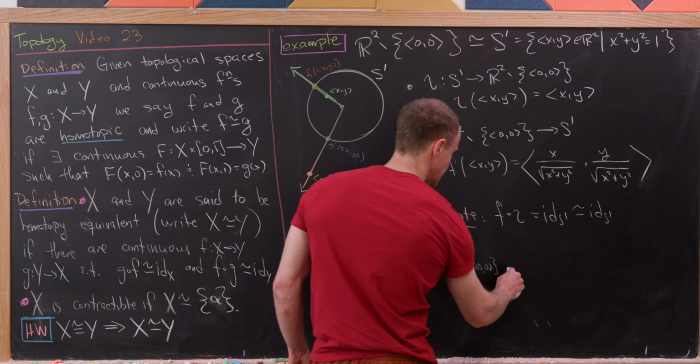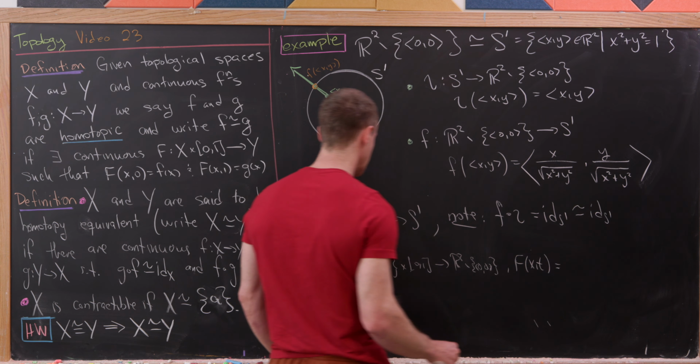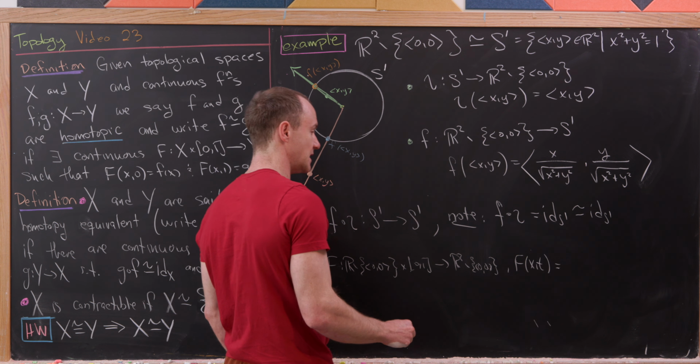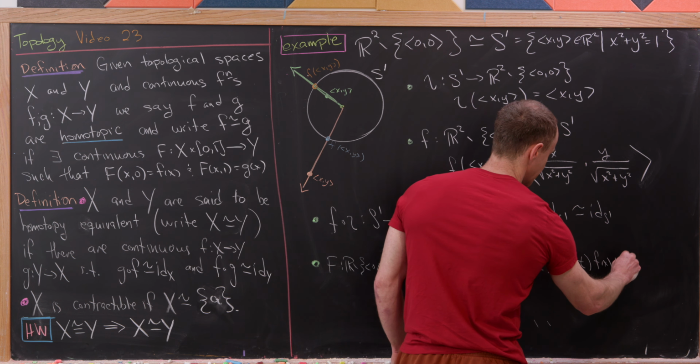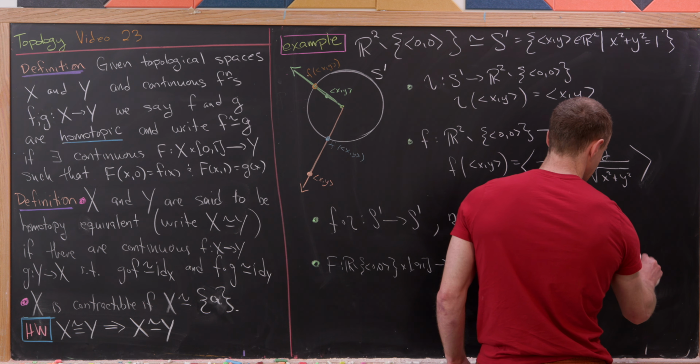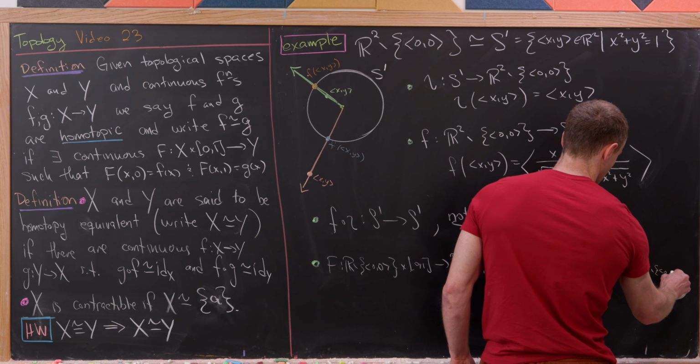And what it'll do is the following. So H of x comma t is going to be 1 minus t times f of x plus t times the identity on R2 minus the origin.